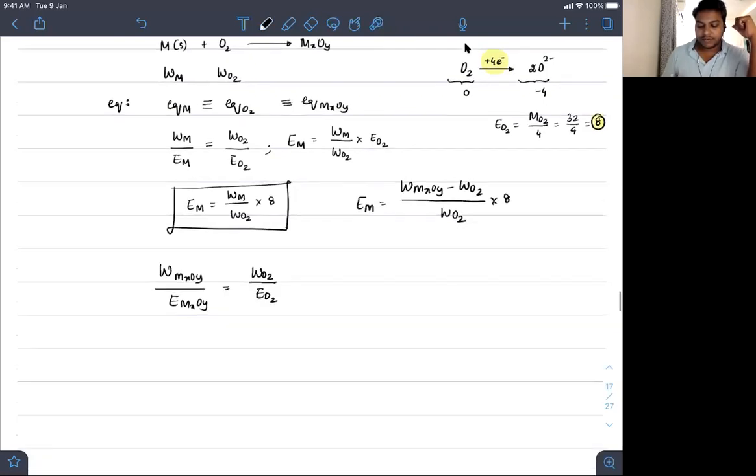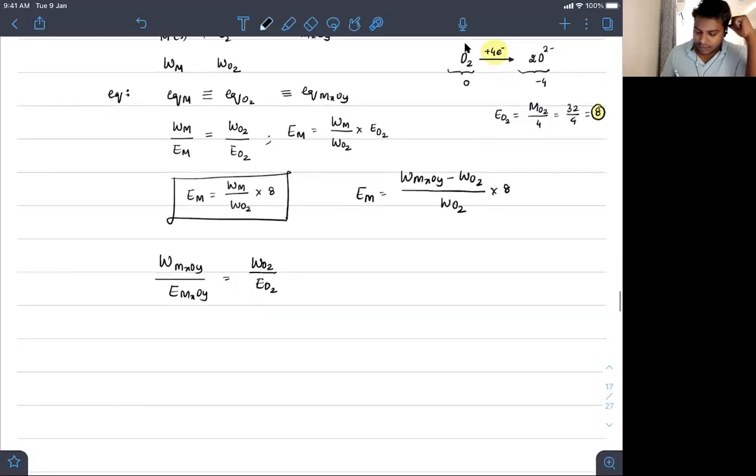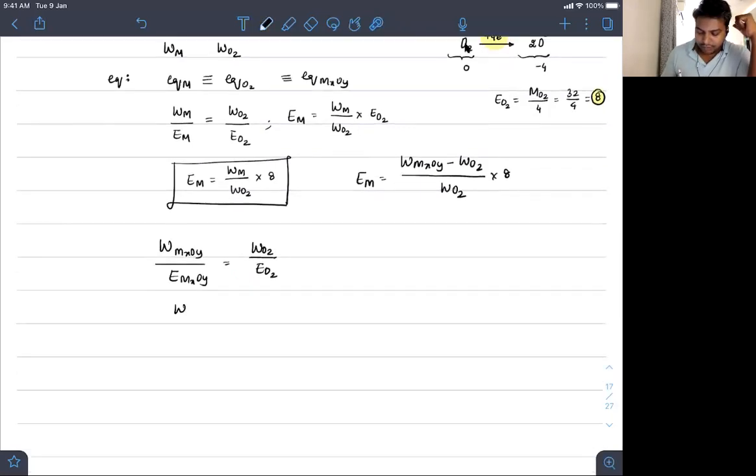Again, law of chemical equivalence. So just equating the number of equivalents of metal oxide to number of equivalents of oxygen. So here I can write weight of metal oxide divided by equivalent weight of metal plus equivalent weight of oxygen is equal to weight of oxygen divided by equivalent weight of oxygen.